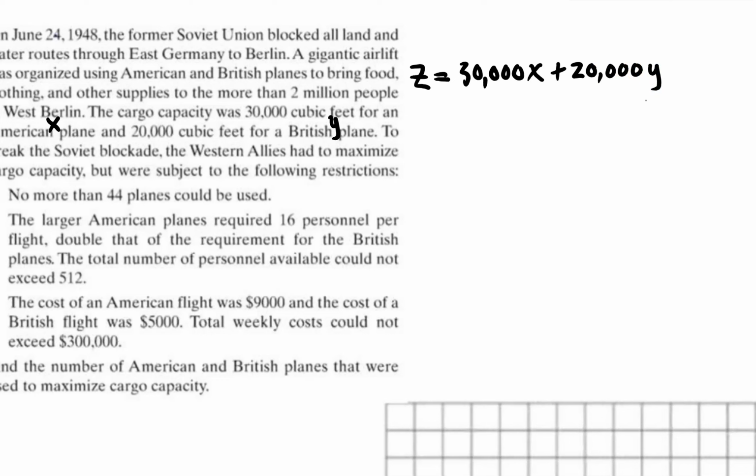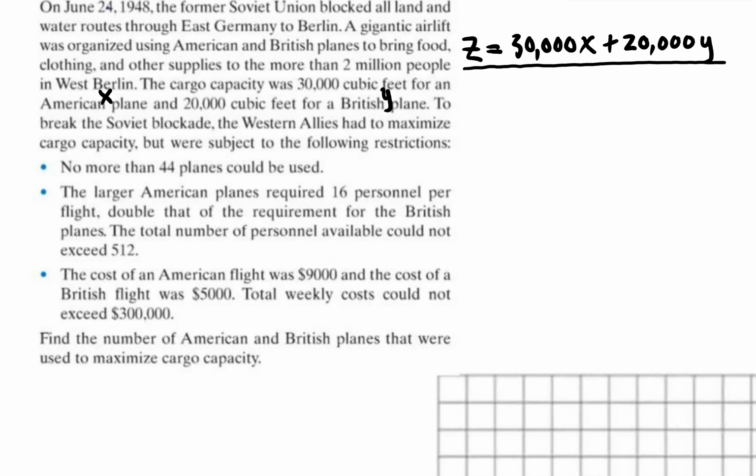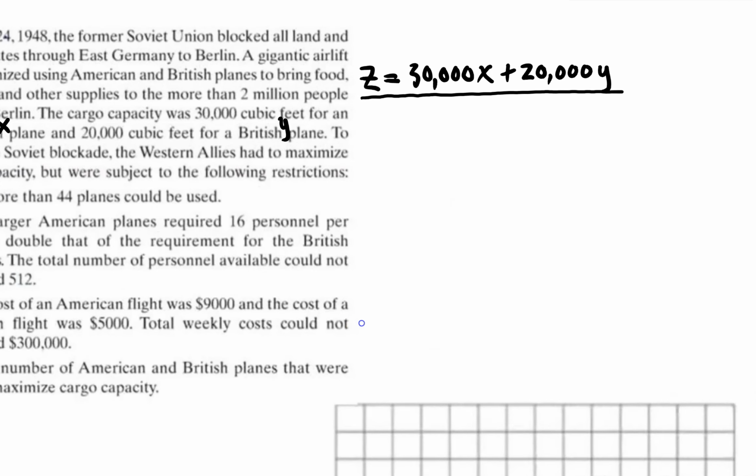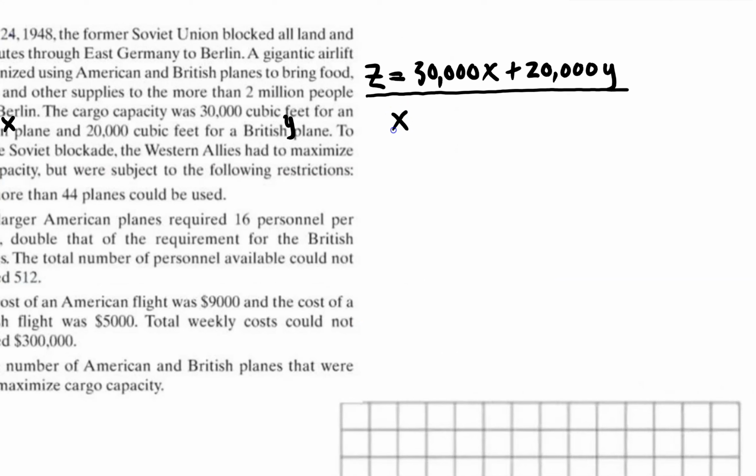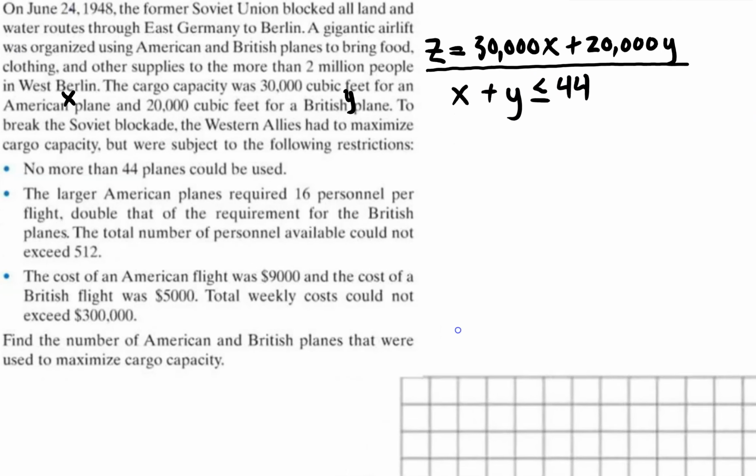There is our maximization. Now we need to come up with our restrictions. It says no more than 44 planes could be used. So between the American planes and the British planes, those have to be less than or equal to 44. That would be the first one.